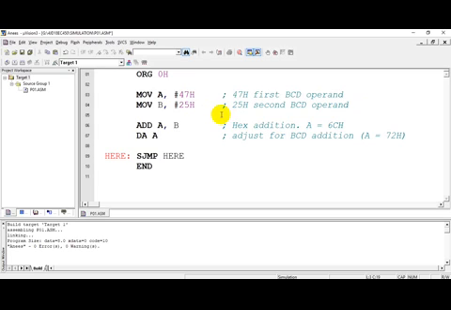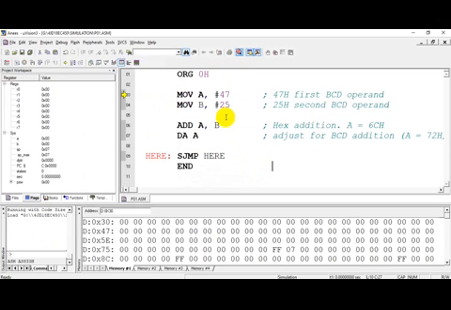The second thing you have to remember is whenever you give the inputs in BCD addition, it should be in hexadecimal form only. Why is that? For example, if I remove this hexadecimal 47, for us it is decimal 47 and decimal 25. But as we know, the register always stores the data in hexadecimal. So we have given the numbers in decimal form, 47 and 25. But how do the registers store them?